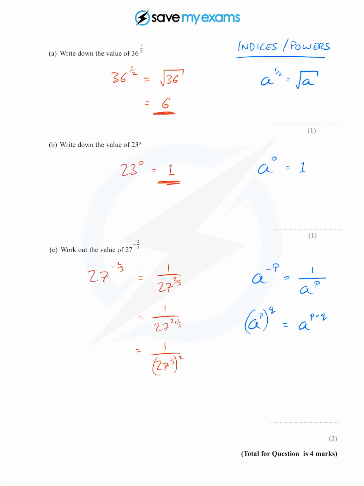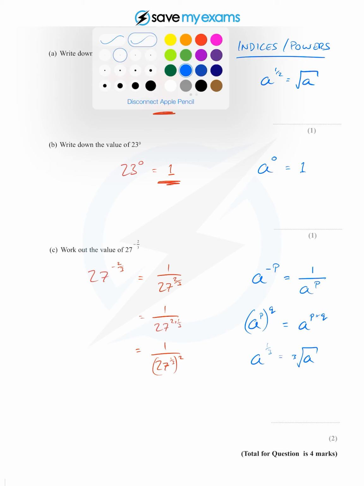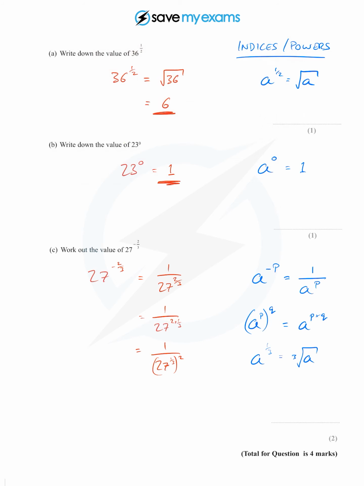Now what about this third business? Well, earlier on we had a to the half was the square root of a. Well, a to the 1/3 is the cube root of a. And in fact, a to the 1 over n is the nth root of a. So, do we know what the cube root of 27 is?